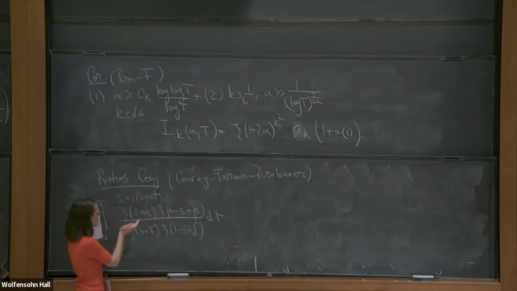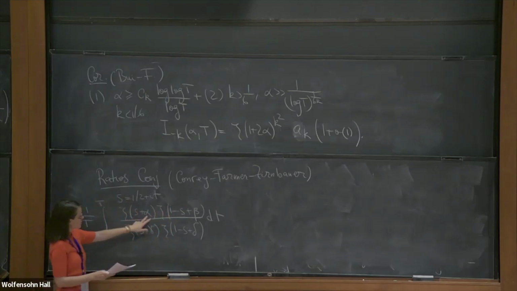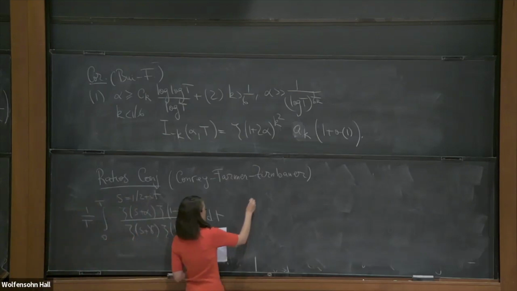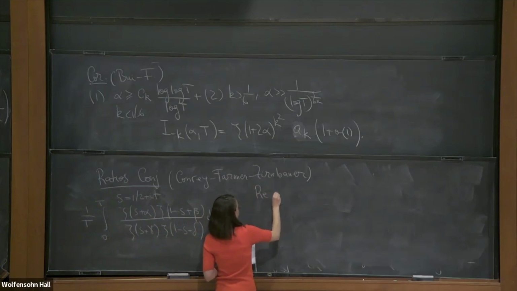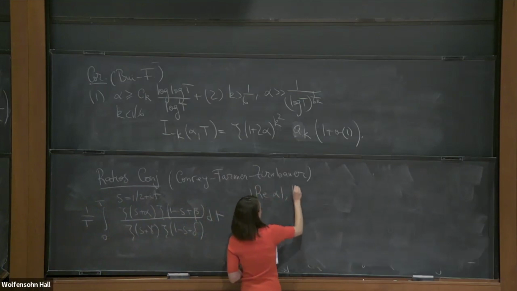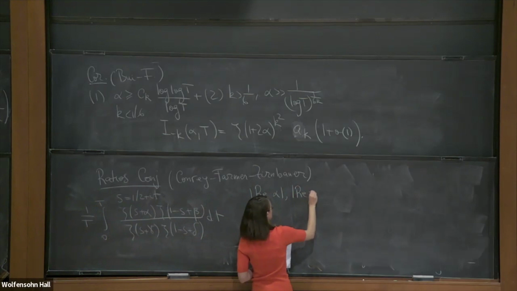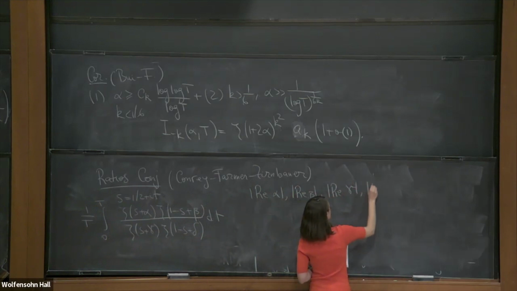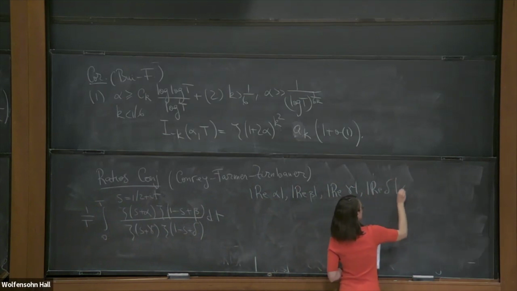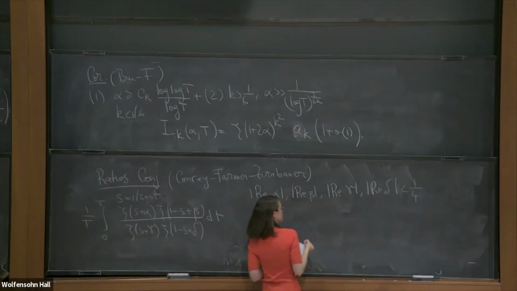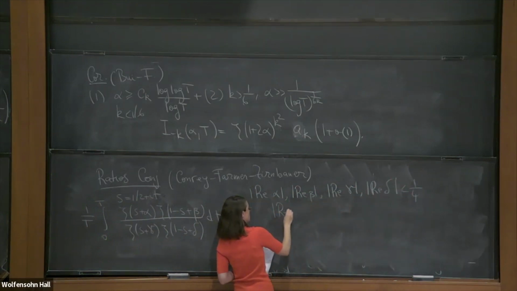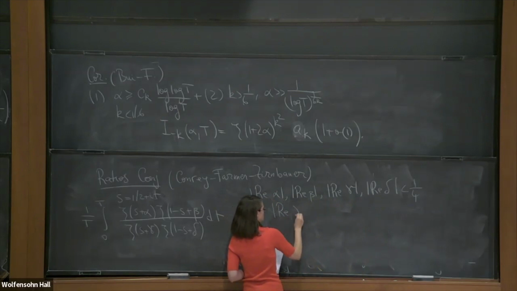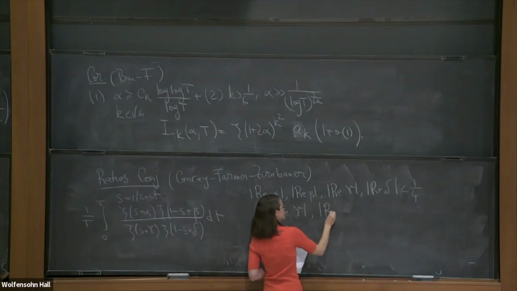And they conjecture these kinds of formulas for shifts alpha, beta, gamma, delta with real parts less than a quarter, and the shifts in the denominator having real part bigger than 1 over log t.